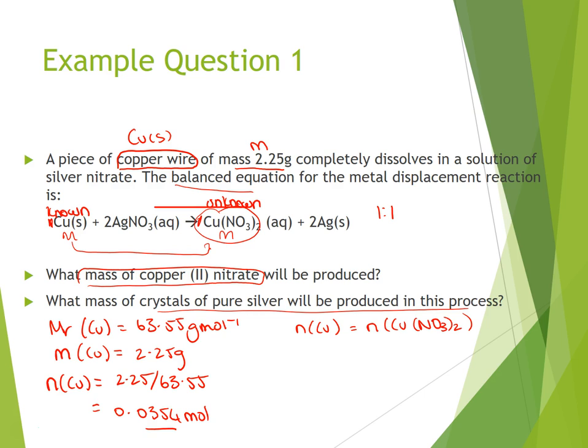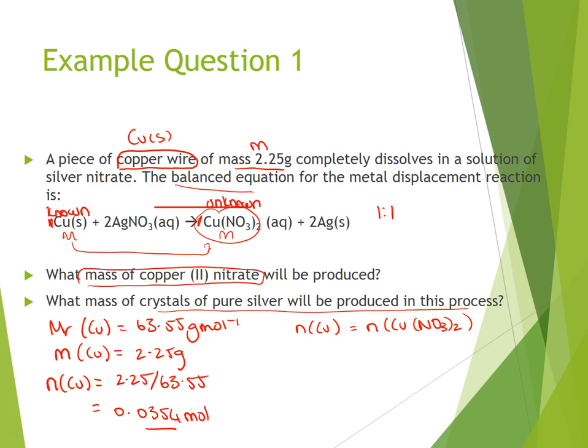Anytime I want to step from one point in a chemical reaction to another point in a chemical reaction, I need to use what we call the mole ratio. As long as I can find a number of mole, which we've already done for copper, I can step across my reaction and work out any other point in my reaction, as long as I have that mole ratio.